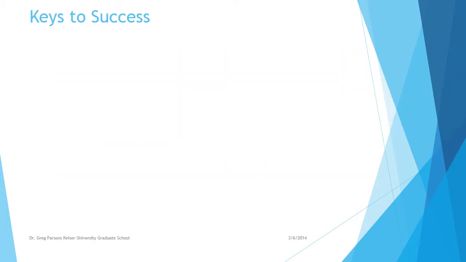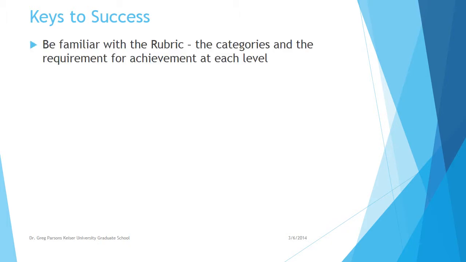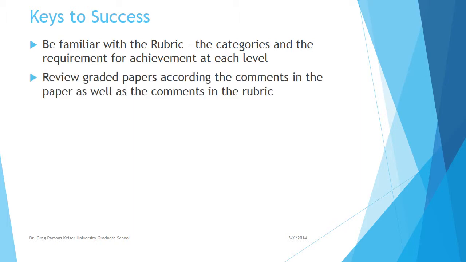The keys to success for writing papers. First of all, become familiar with the rubric as I've just laid out. Be sure you understand all the categories, their relative weights, and what the achievement levels are for each level. When I grade a paper and turn it back to you, it will have comments on it specific to good things and bad things, things that I liked and things that I didn't like in the paper.